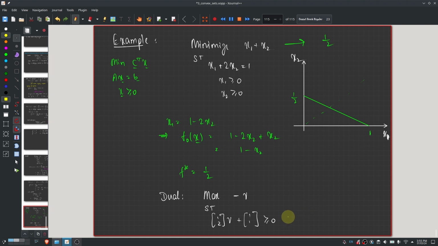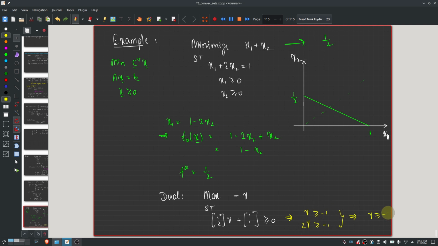But what is the constraint set reduced to? It is nu greater than or equal to -1 and 2 nu greater than or equal to -1. These two are redundant, so in fact this contains this.